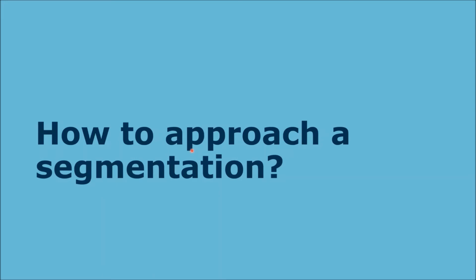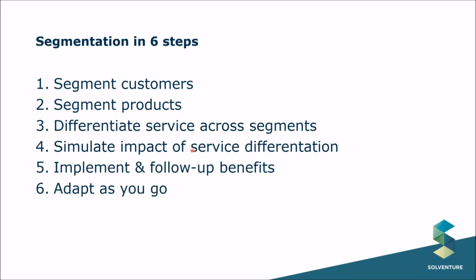The second question is, how do we approach segmentation at Solventure? What are the steps that we follow at Solventure to approach segmentation, or to challenge companies in their segmentation, or to help companies define a good segmentation? Well, we identified basically 6 steps.